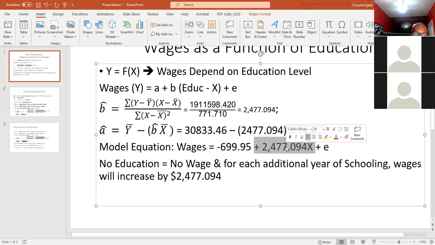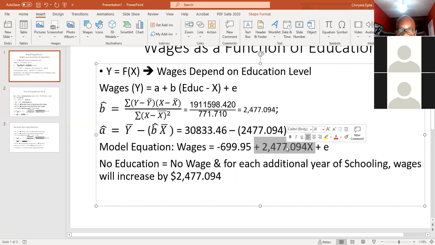Okay. When you estimate the equation, remember you have your equation here. The equation is wages is A plus B times education. So if A is 0 or a negative number, it simply means that if you have no education, you get nothing in this particular business.